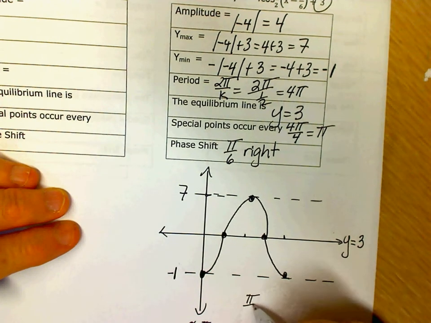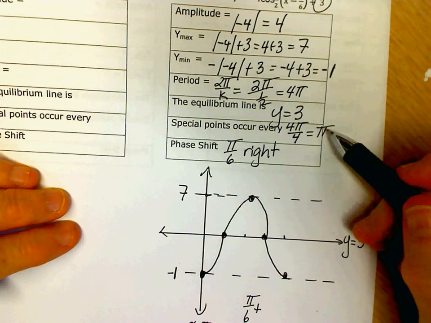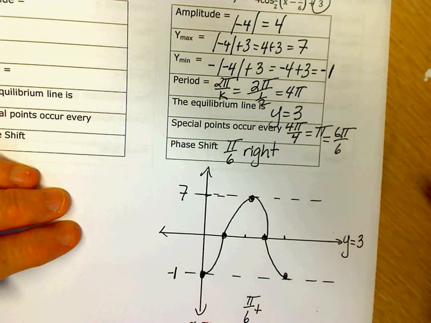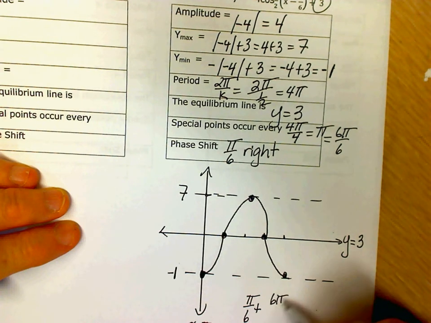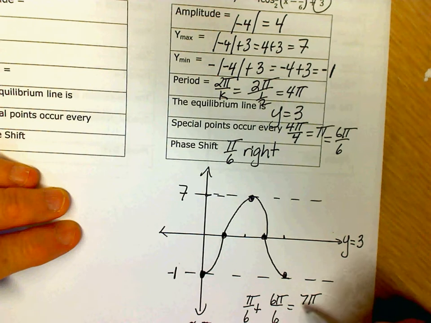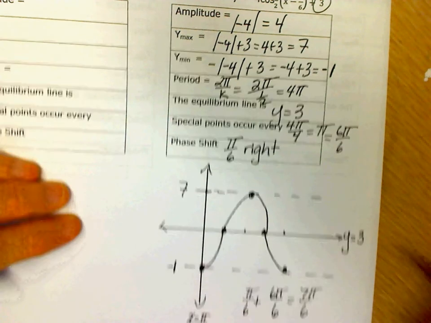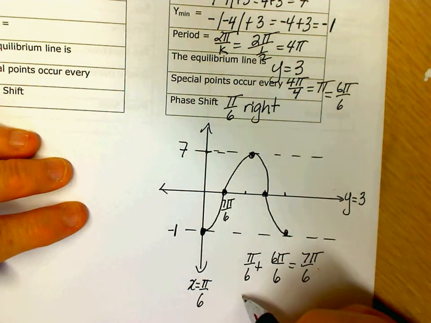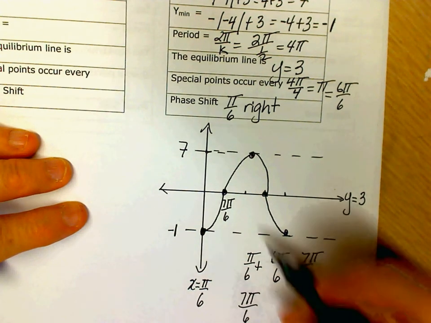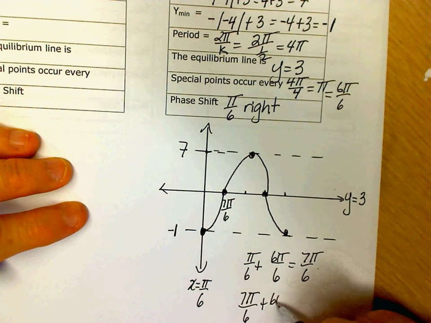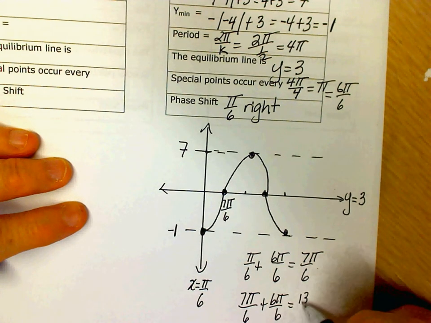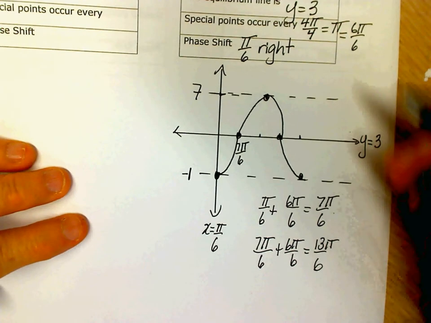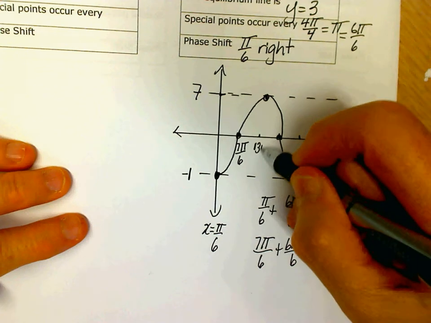Now we got our work cut out for us. It starts at pi by 6, but our special points occur every pi or 6 pi by 6, right? So we add 6 pi by 6 equals 7 pi by 6. So this is 7 pi over 6. Then we take the one we just wrote, plus 6 pi by 6 equals 13 pi by 6.